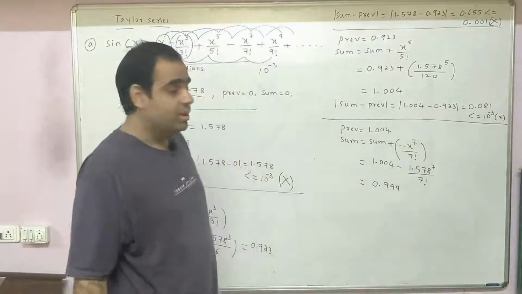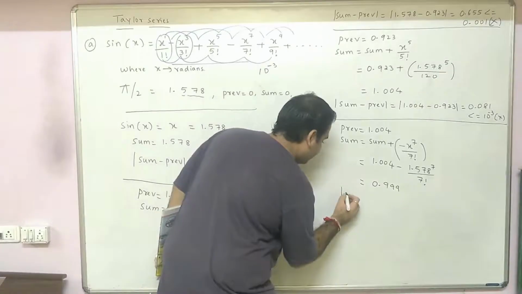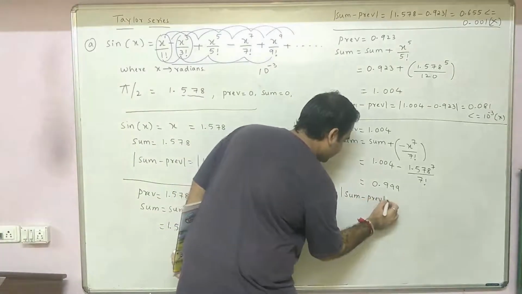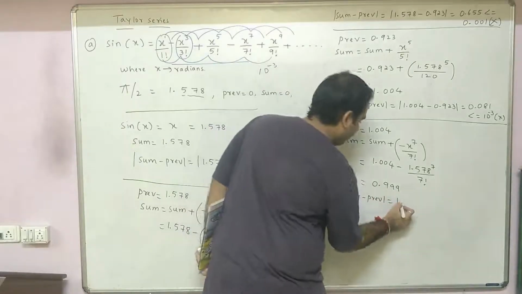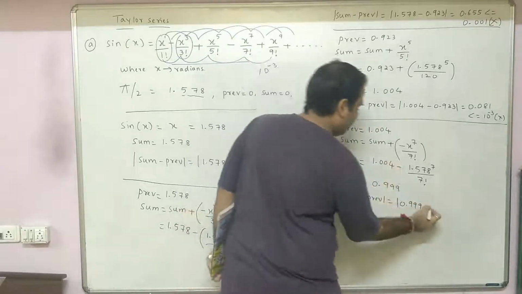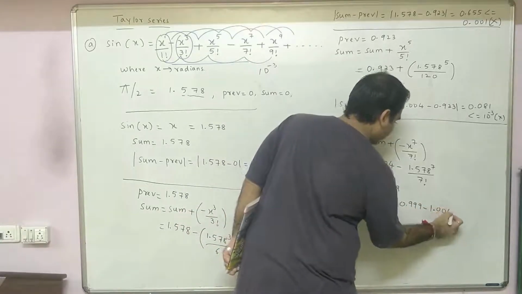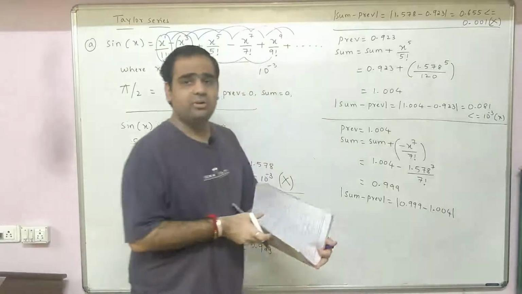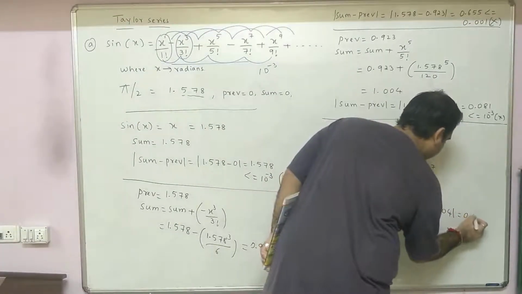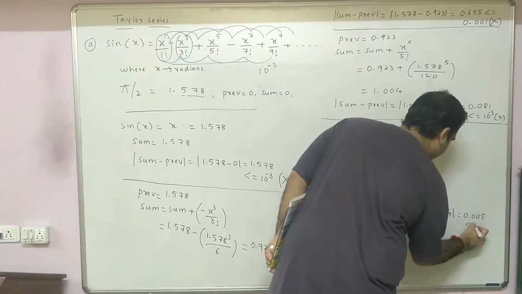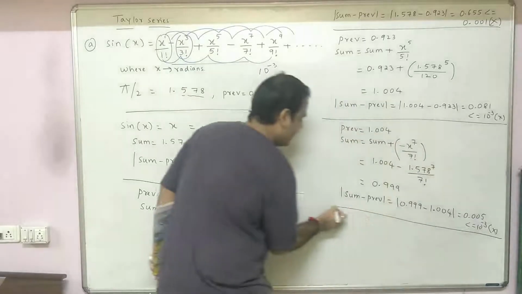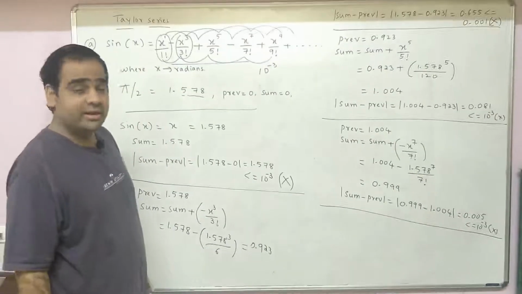Again we find the absolute difference of sum minus previous: 0.999 minus 1.004. The answer you get is 0.005. Is 0.005 less than or equal to 10 to the power minus 3? No. Therefore, you need to continue with the next iteration.